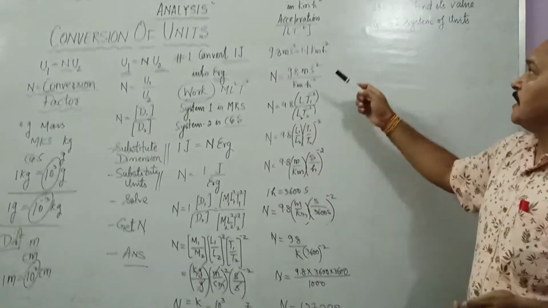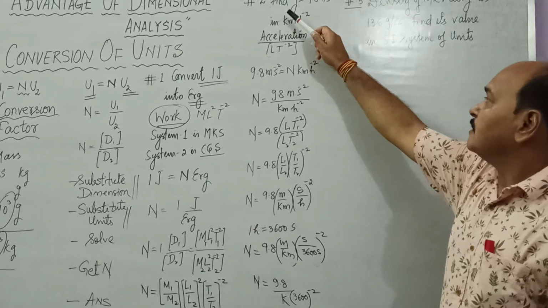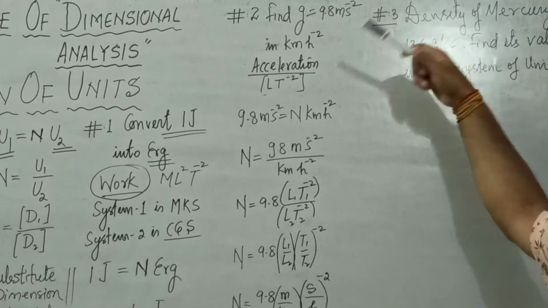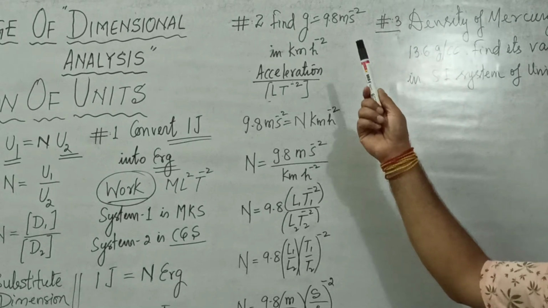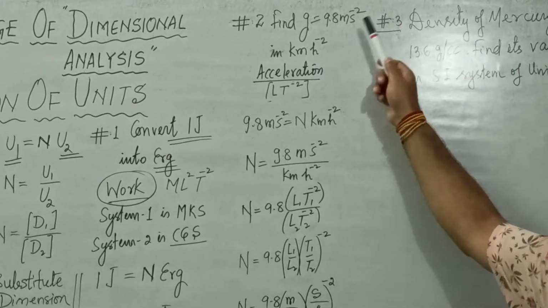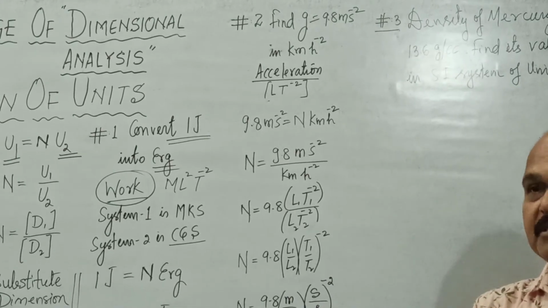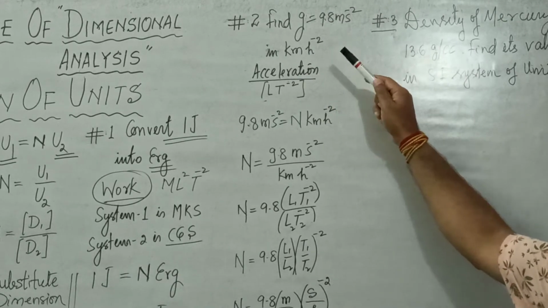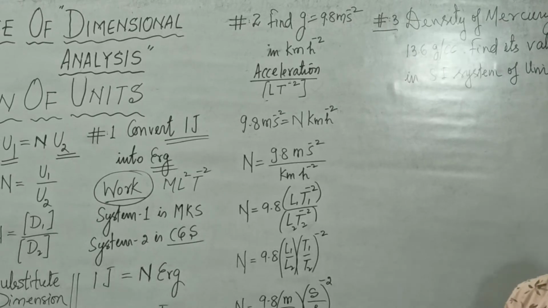Well, the second conversion is a question like this. Find g equal to 9.8 meter per second square in kilometer per hour square. You have to convert the unit of acceleration due to gravity from the MKS system or SI system to this new hypothetical system where distance is in kilometer and time is taken in hours.